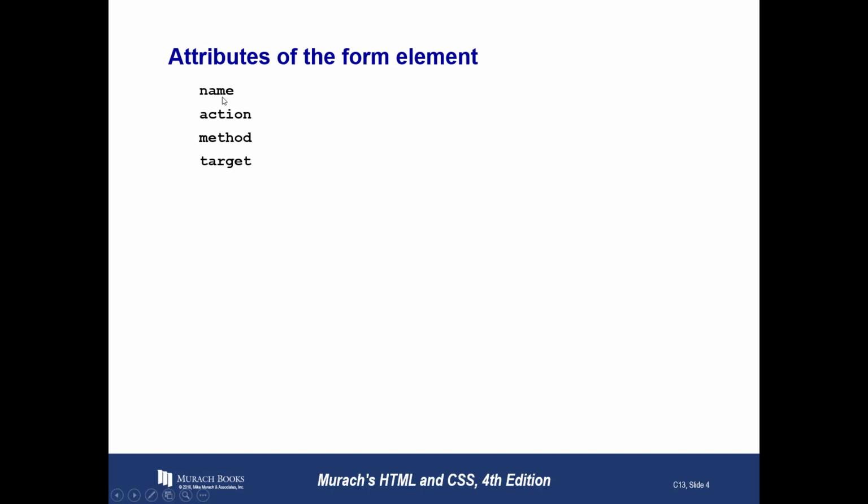So when you create a form, typically you give it a name. Why? So it can be referenced in code. You have an action with that form. Typically, you will send your form off to a server someplace after somebody hits a submit button, or after it's been validated, and it will be answered by a PHP file or an ASP.NET file or a JSP file, etc. The method typically used to do that is one of two: either post or get.